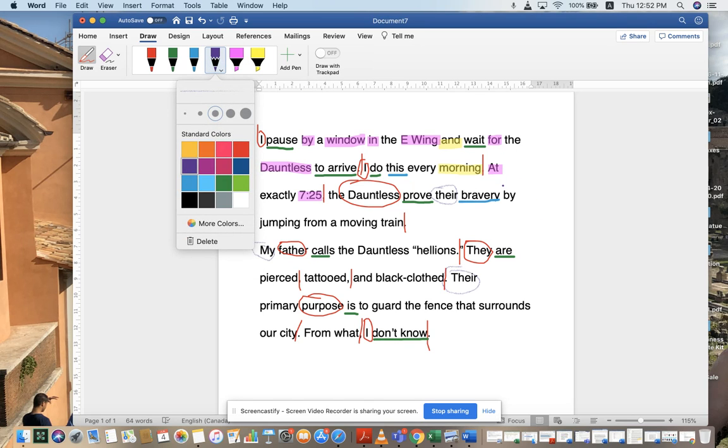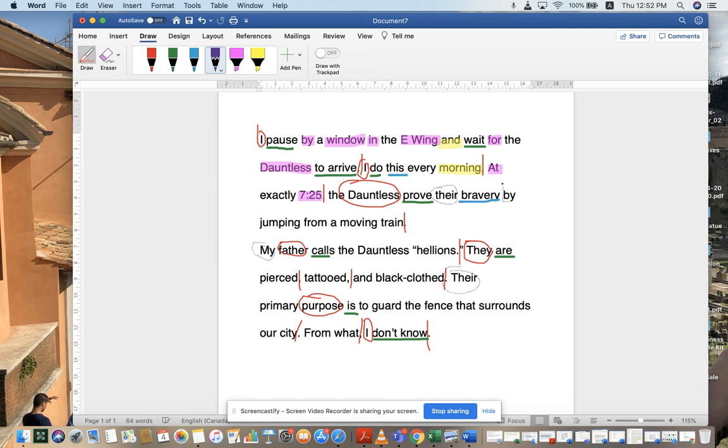So a gerund is simply a verb turned into a noun, okay, that relies on a preposition. So by jumping, okay, this is a verb turned into a noun, from a preposition, a train, and that's the object of preposition.